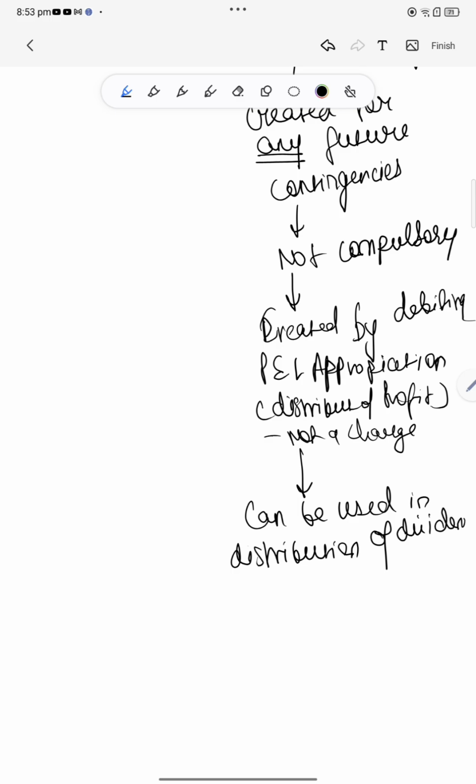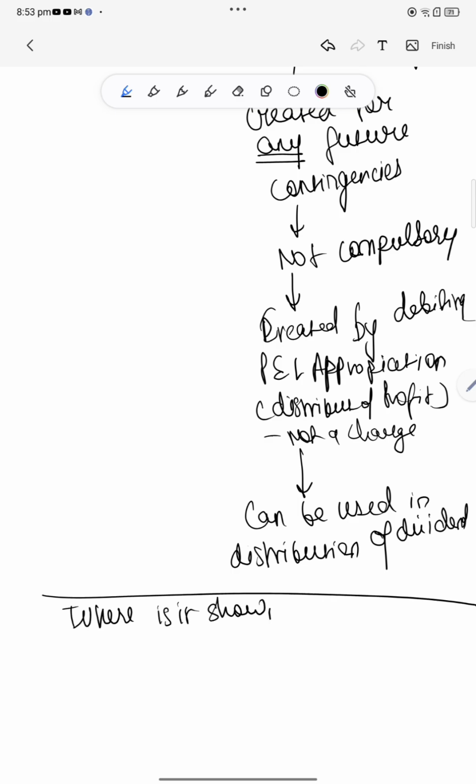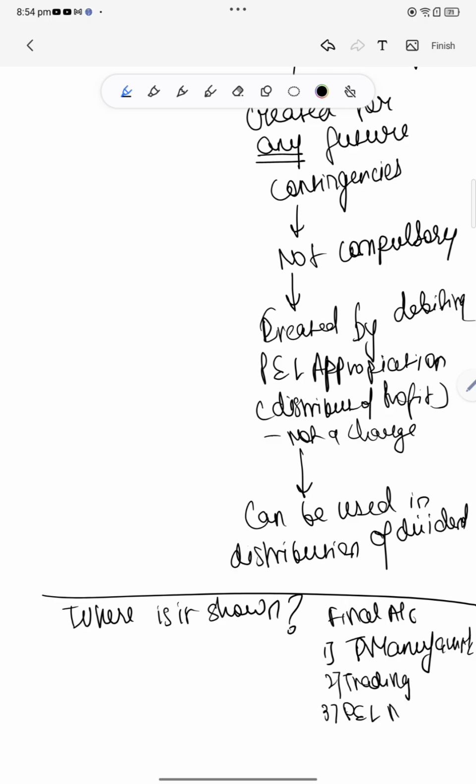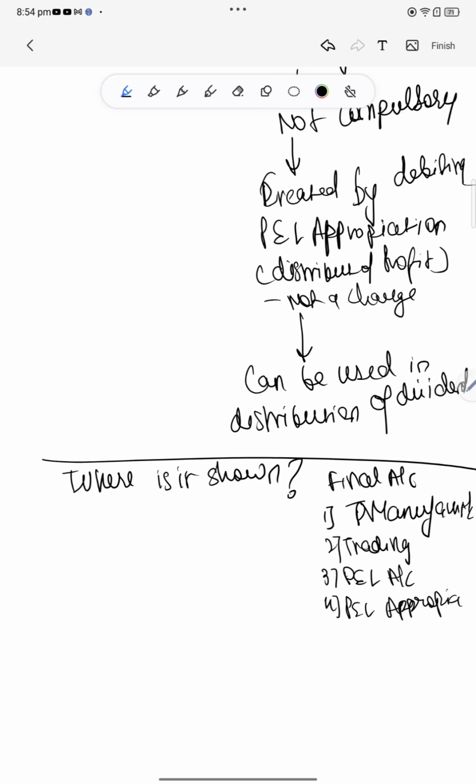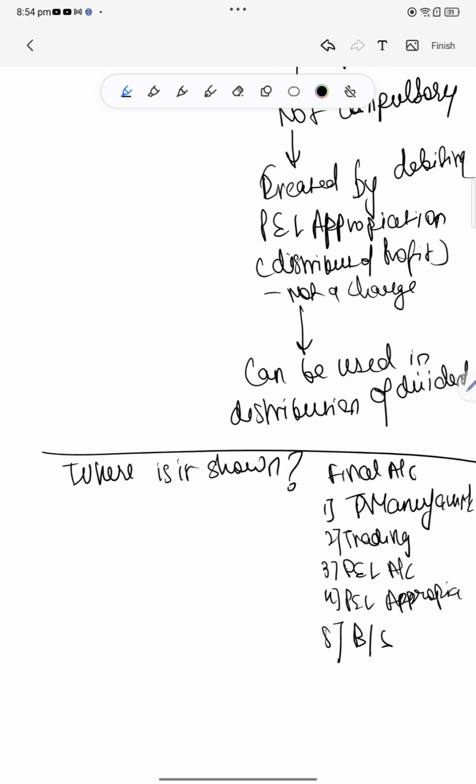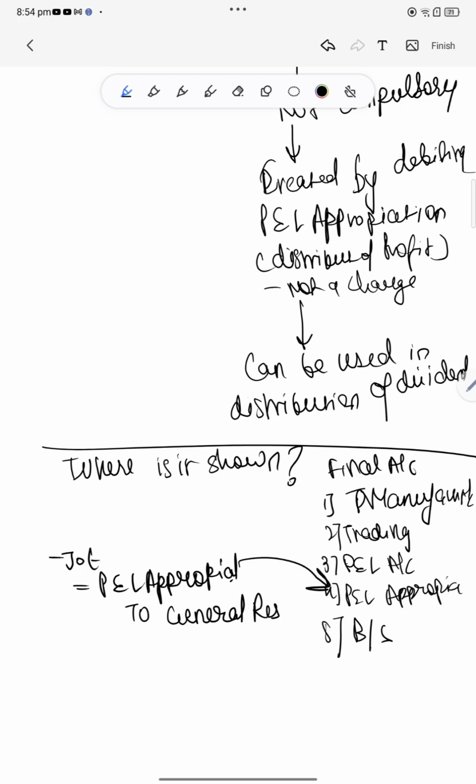And another thing you must know: where is it shown? You must know that final accounts are prepared in this flow: manufacturing account first, second trading account, third P&L account, then P&L appropriation account, then balance sheet. Since the journal entry for reserves is P&L appropriation account to general reserve, it is shown in this account, after P&L account is made.